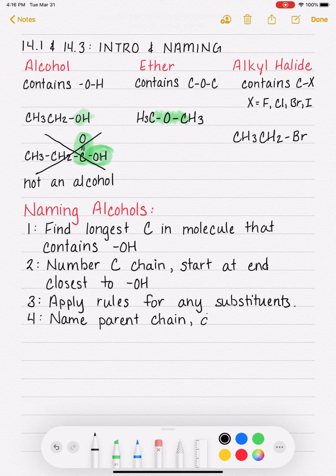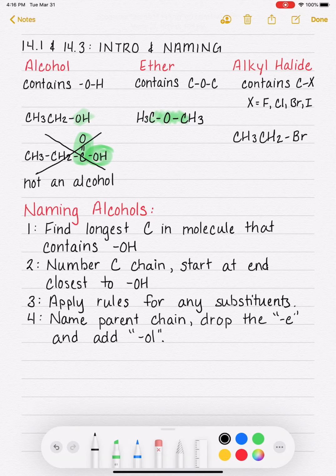In this case, though, with an alcohol, we are going to drop the E off the ending of the alcohol's name, and we are going to replace it with "ol" for alcohol. So this is similar to what we did with alkenes and alkynes.